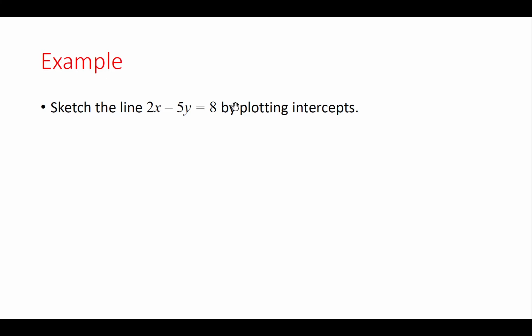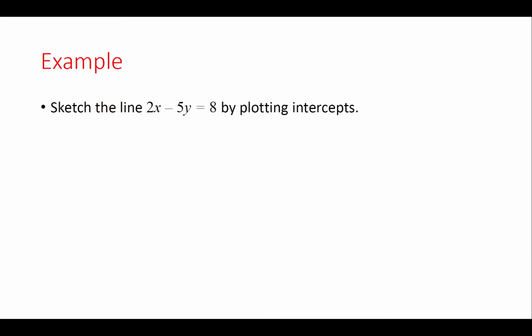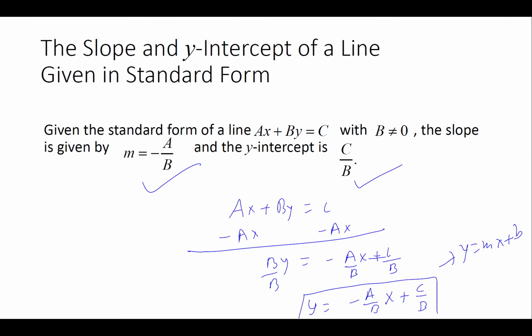Now we are given a line and we want to plot this line. So remember, if you are given a line in standard form, you can always find out the slope and y-intercept. For finding the slope, if you just compare this with ax plus by equals c, you know a is 2, b is negative 5, and c is 8. From the previous information, we can find the slope by dividing a by b and taking the negative of that.